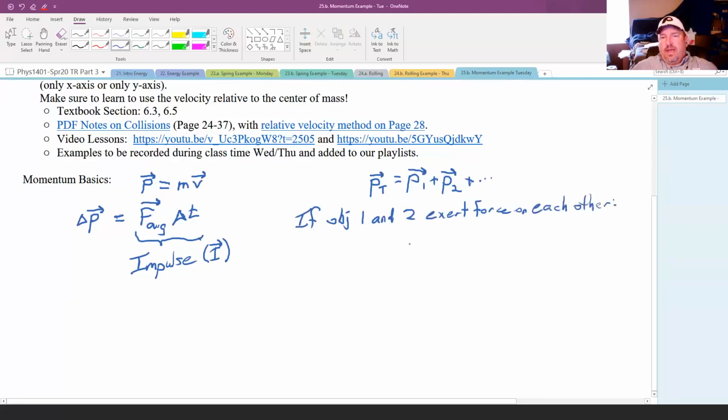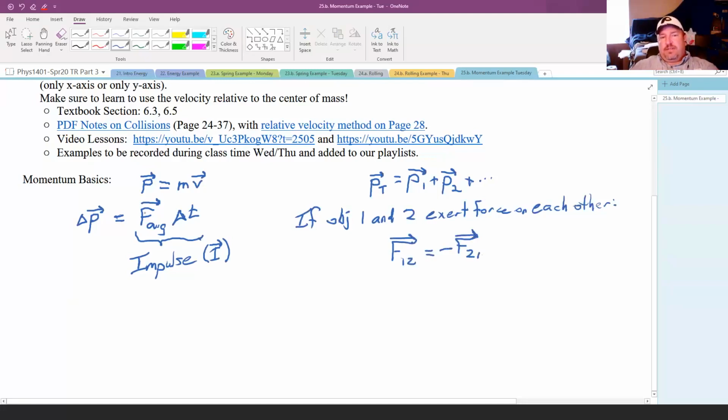then F12 is equal to minus F21. That is the equation form of Newton's third law. If I push on the wall, the wall pushes back on me, and I can feel that in my hand as I push on the wall.